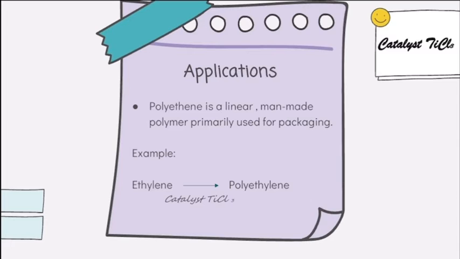This is the simple application. Polyethylene is a linear man-made polymer primarily used for packaging. For example, ethylene becomes polyethylene.